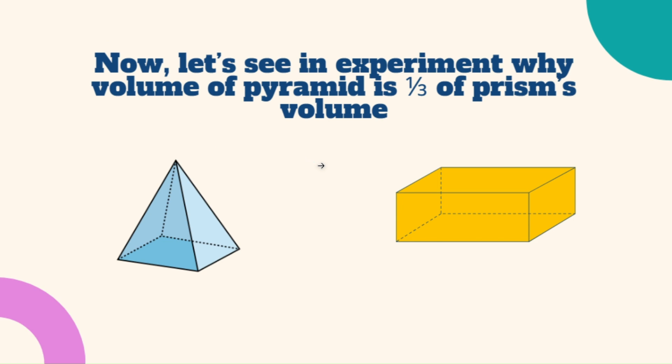Okay, now let's try a simple experiment to understand why the volume of a pyramid is exactly 1/3 of the volume of a prism with the same base and height. Let's see.